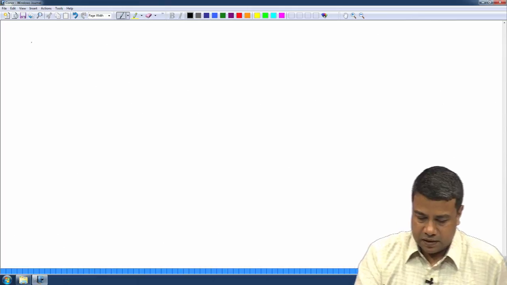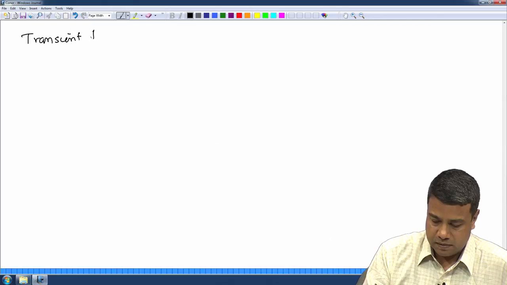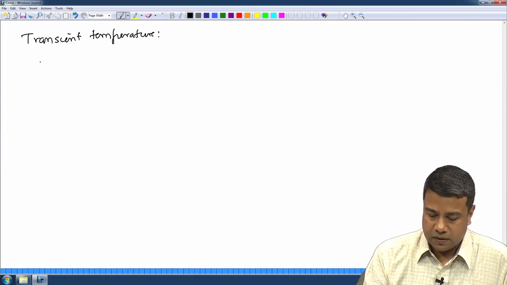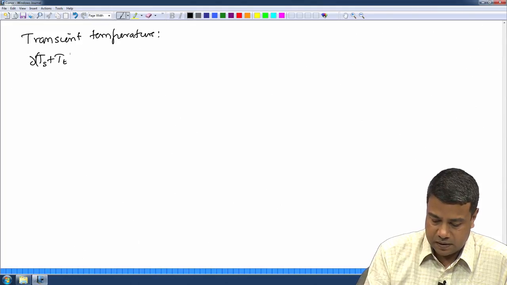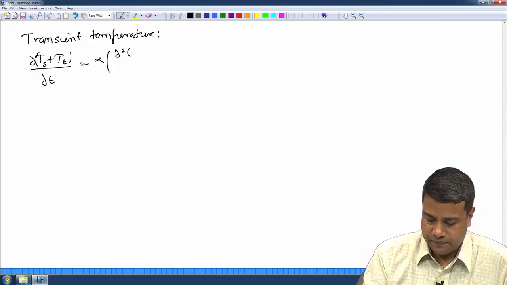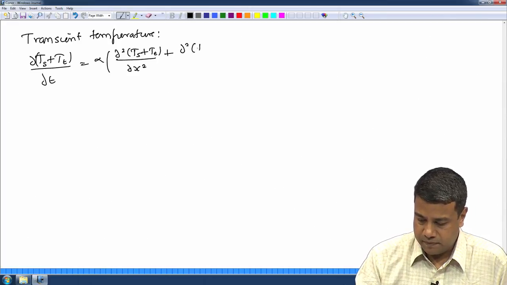Okay. For the transient temperature, we know that the total equation is partial of steady plus transient by partial t is equal to alpha times the Laplacian.